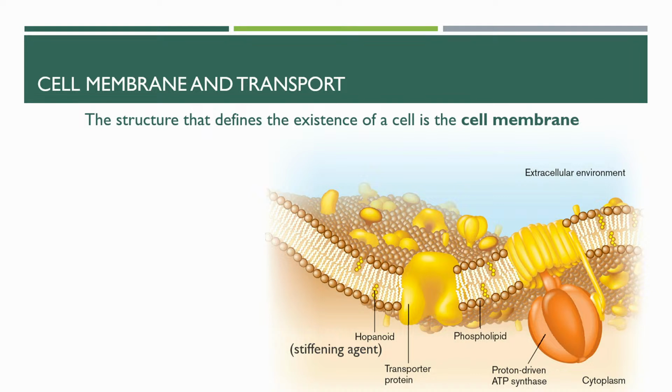So this is the cell membrane. Can anybody remind me what these two layers are also called? Phospholipid bilayer, yep. So the phospholipid bilayer is really important for allowing things to come into the cell and exchange things with the outside of the cell.